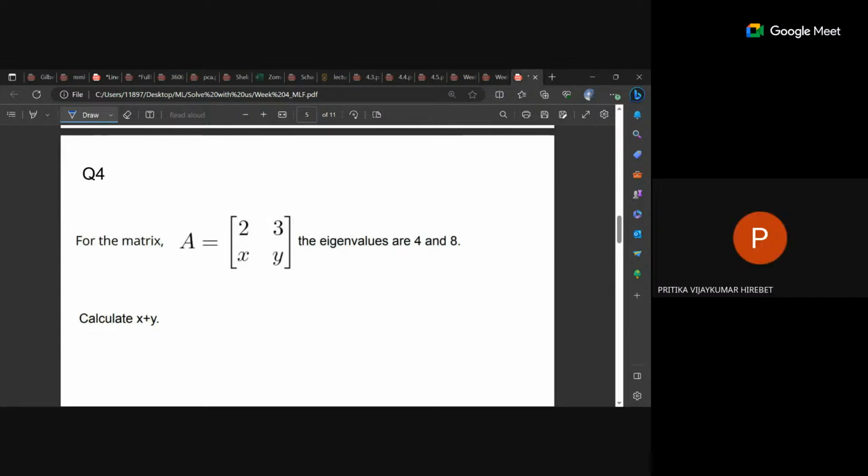Ma'am, sorry, your voice is breaking. Can I get a detailed solution for these questions? Is it available somewhere? I'm finding this a bit difficult to solve, like the eigenvalues and vectors. I wanted to see the steps also.